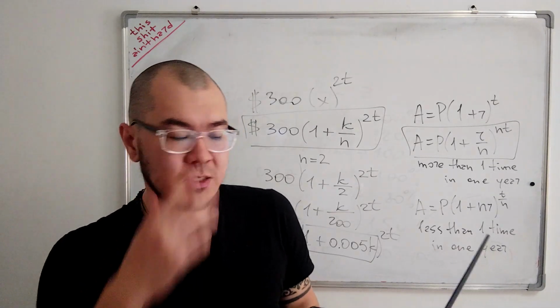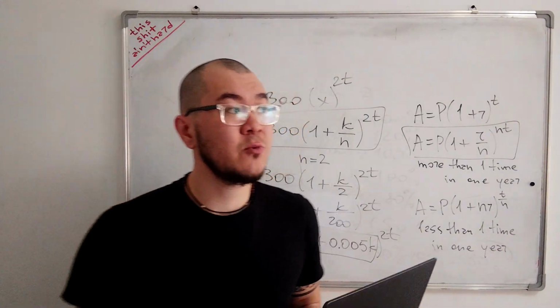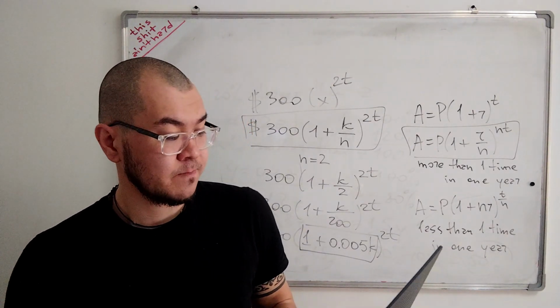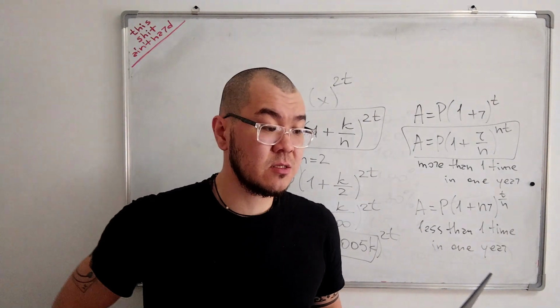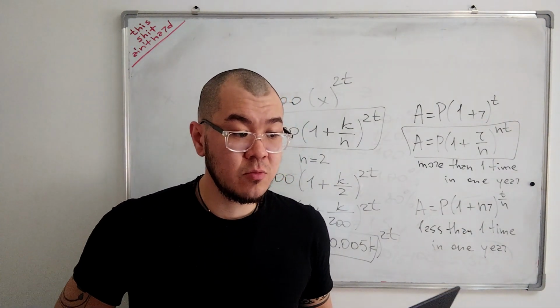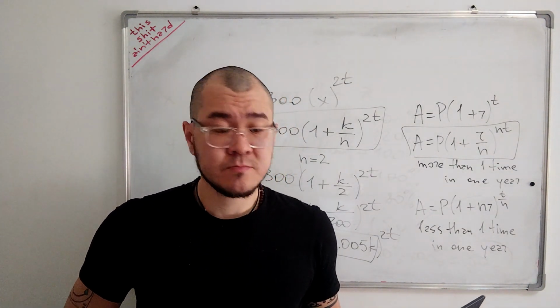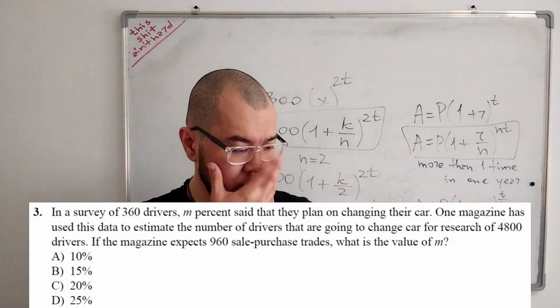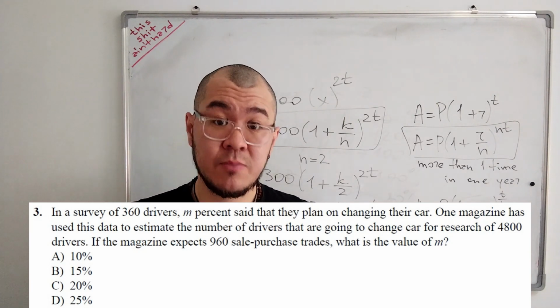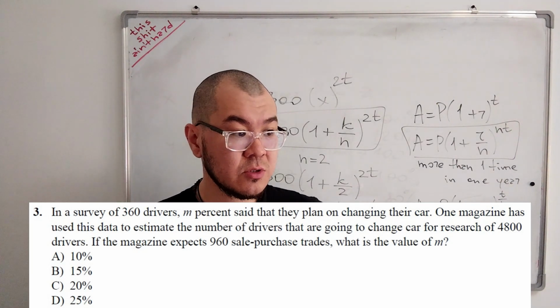This problem, guys, is the type of problem when we have some extra information. What does it mean? It means that some numbers in the problem are useless. In our problem, we are given 360 drivers and m%, but we are not.